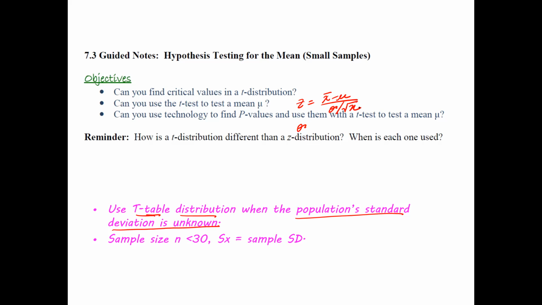Remember that from yesterday? Well, if I don't know what the standard deviation is, so question mark over the standard deviation, then you will use the t-table, which is what we're going to do today. And also the sample size has to be less than 30, so it can't be exceeding 30. And of course, it has to be a sample standard deviation.